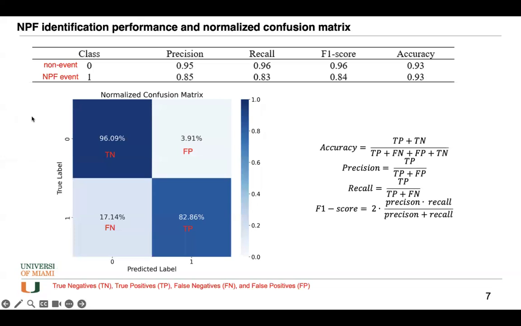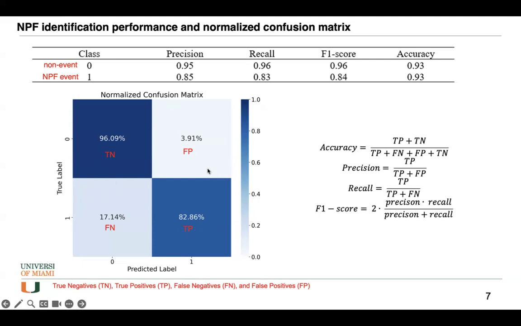For the first result, this slide shows the model performance. Looking at the normalized confusion matrix, we can understand how the model correctly labels one or mistakenly labels one, and correctly labels zero or mistakenly labels zero in the prediction.